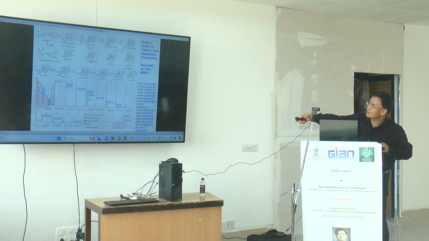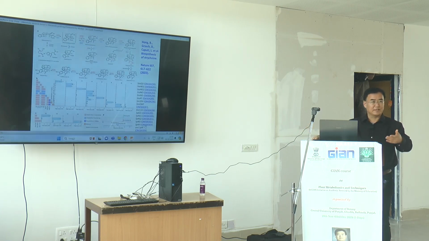So they demonstrated the pathway and identified the enzymes, and for each step, of course, they also used metabolite profiling, using LC-MS or GC-MS to identify the enzyme activity in each reaction.